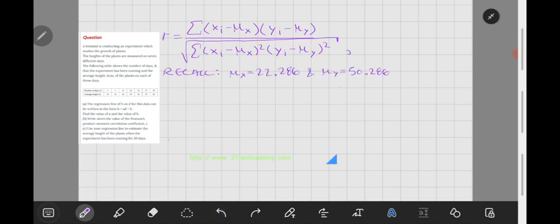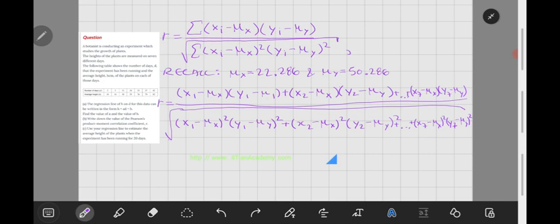Now, we can recall the mean of x and the mean of y that we previously calculated, so we don't have to do the extra work. And the equation should look something like the following in an expanded form, where we'd have x1 minus the mean of x times y1 minus the mean of y, plus x2 minus the mean of x times y2 minus the mean of y, plus, and we go all the way on to x7 minus the mean of x times y7 minus the mean of y.